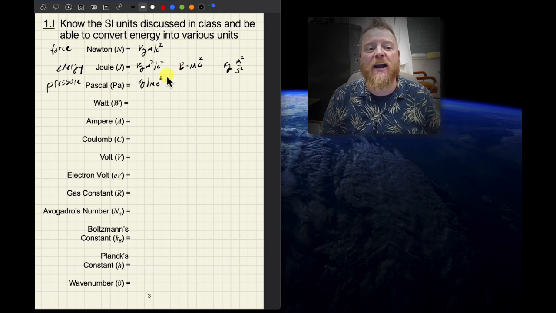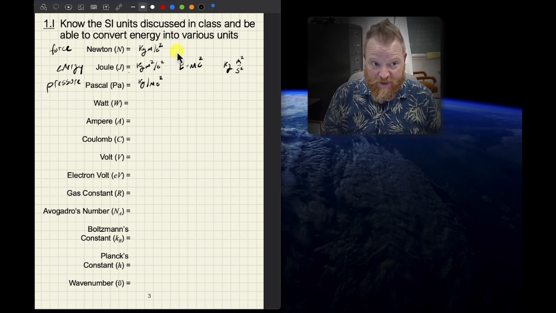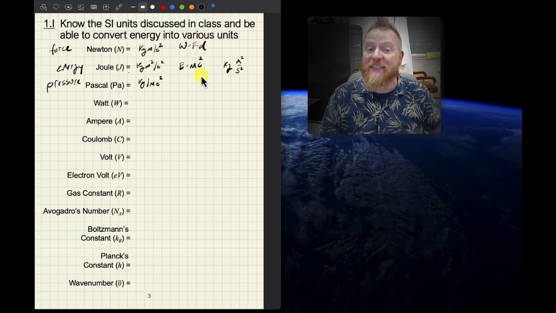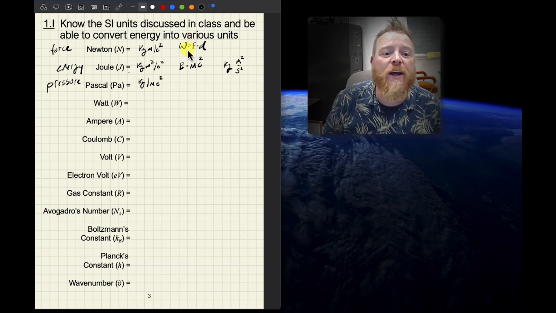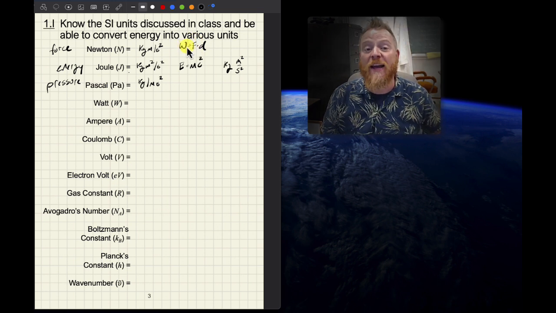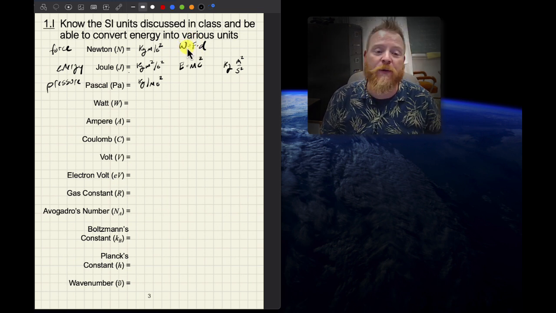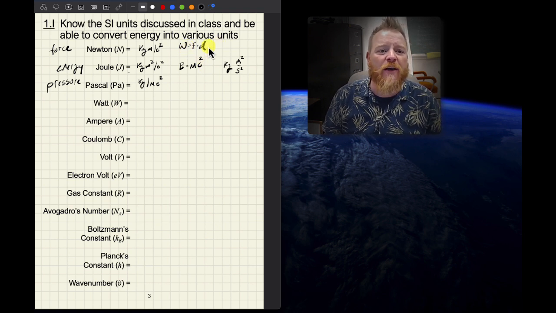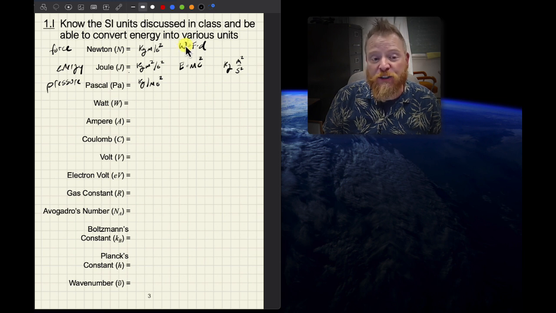Another equation that I like to remember to help me get the unit of force right: work equals force times distance. We remember that work has units of joules, hopefully from your physics or your Gen Chem. So if we take work divided by distance, that will give us a unit of force.